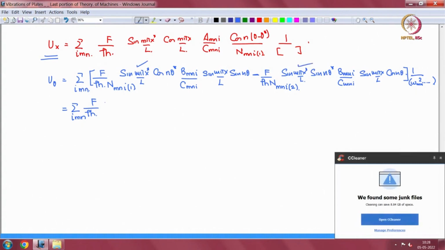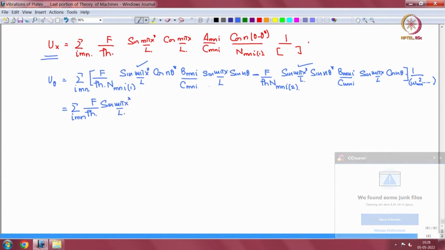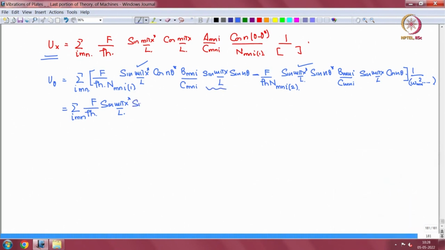This can come out, sine m pi x star by L. Then this also can come out, sine m pi x by L, and B m n I by C m n I. Then I have cos n theta star sine n theta by n m n I 1 minus sine n theta star cos n theta by n m n I 2.